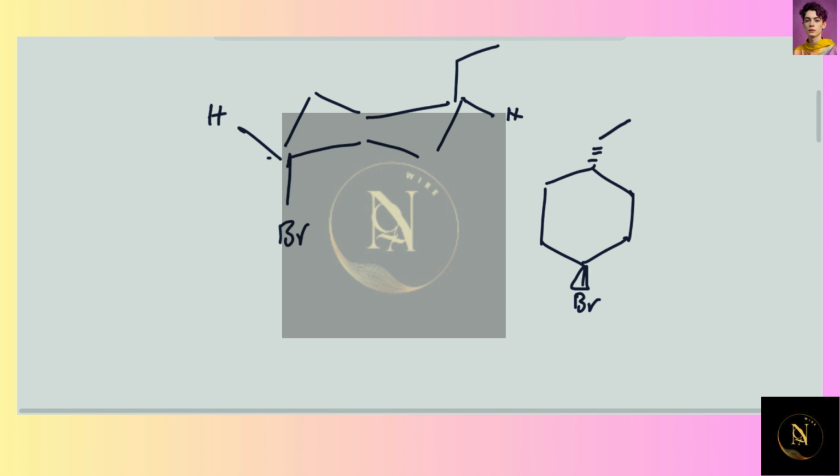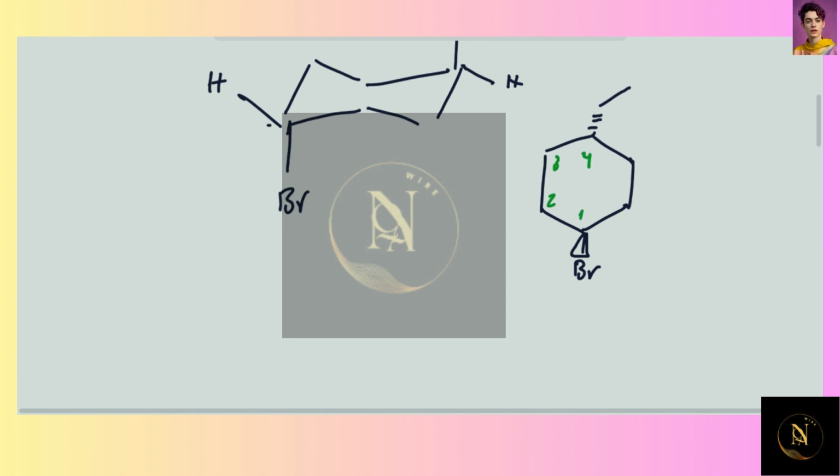So we will want to name this such that the bromine has the highest priority and gets numbered as carbon 1, while the ethyl will be carbon 4. So we're actually going to say 1, 2, 3, 4. The last thing we've got to do is determine what the stereochemistry of carbons 1 and 4 are, so that we can assign the stereochemistry in the name.